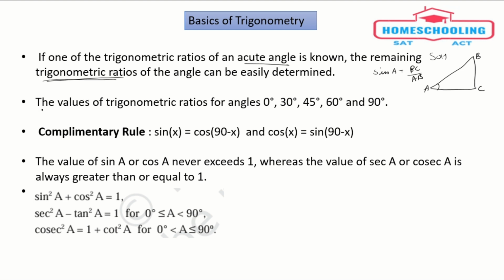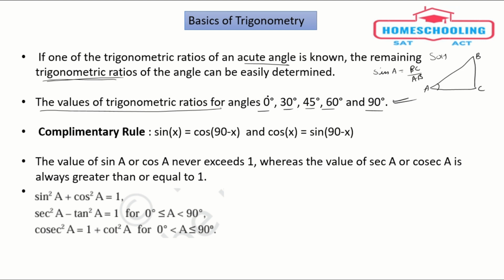Similarly, the values of trigonometric ratios for the angles 30, 45, 60, and 90 should be known to you. Previously, there were two sections in mathematics. In one section, a calculator was provided, and in one section, a calculator was not provided.